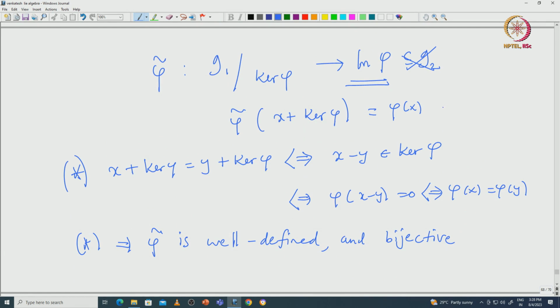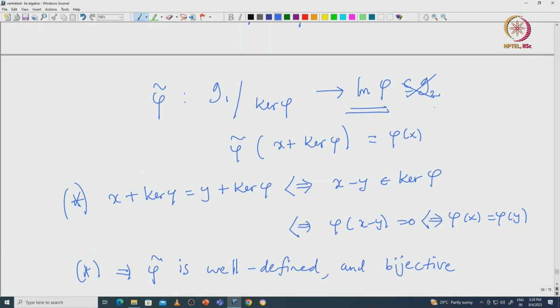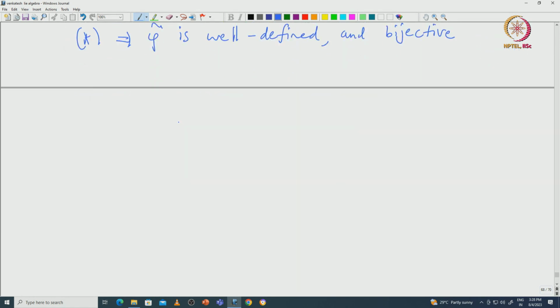So, now all we need to verify, you have two Lie algebras, one on the left side, another one on the right side. If you verify this linear map is actually a Lie algebra homomorphism, then we are done. So, let us verify this map is a Lie algebra homomorphism. You start with two elements x, y inside G1.